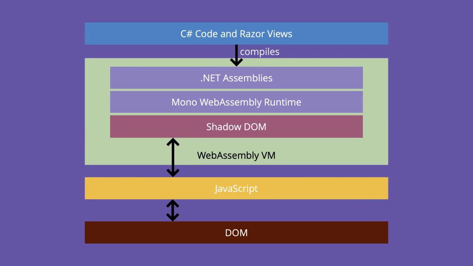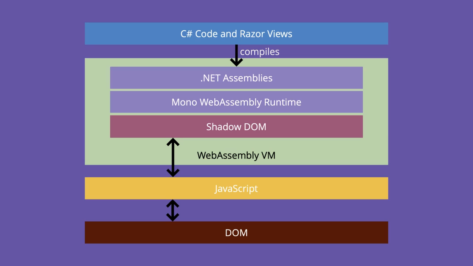So how does it work? In order to create Blazor UI components, we are using a combination of C# and Blazor syntax. The Mono runtime is downloaded to our Blazor app into the browser and enables us to run normal .NET applications.